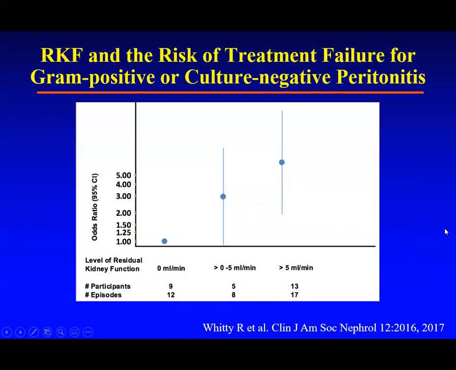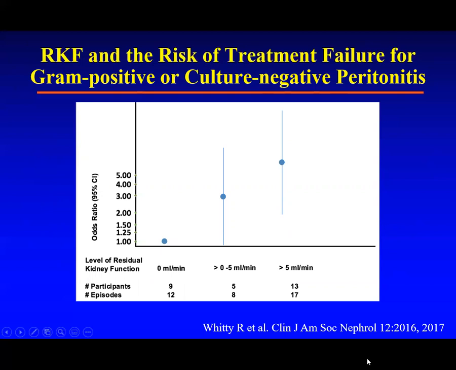And as long as we're talking about residual kidney function, keep in mind that especially for gram-positive or culture-negative peritonitis, we believe that culture-negative is most commonly due to gram-positive organisms. You need to worry about the residual kidney function because especially if you're using vancomycin, if you dose the patient every 4 or 5 days, assuming that they have no residual kidney function, when in fact they do have residual kidney function, the risk for treatment failure goes up.